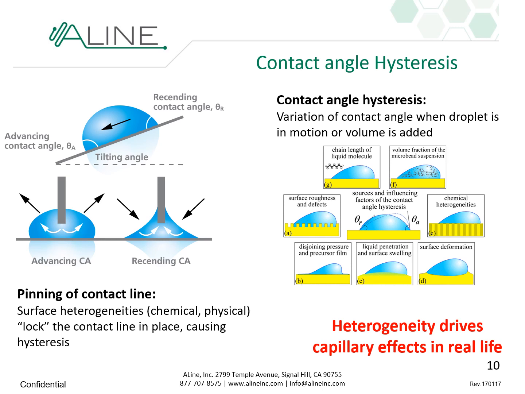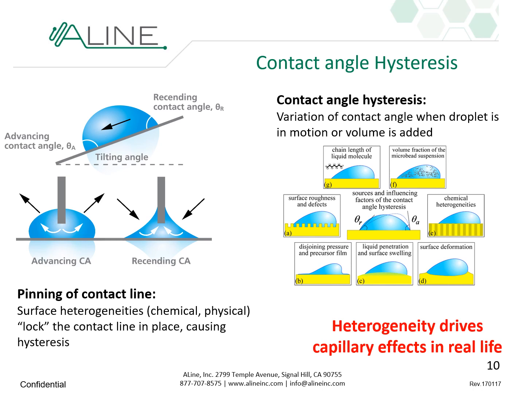The reason for this is what we call pinning of contact lines. Whenever you have surface heterogeneities, chemical or physical, they tend to lock the contact line in place, and that creates the hysteresis because it's a dynamic effect: if you're pulling and your line stays back, you're going to have a smaller contact angle here and a larger contact angle on the surface.